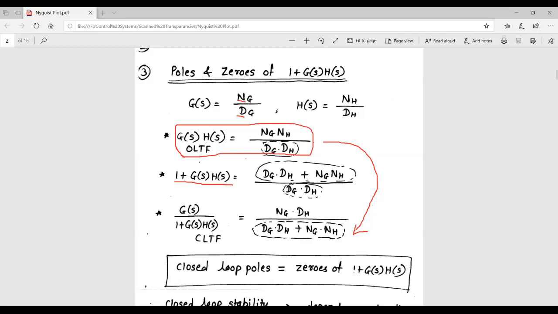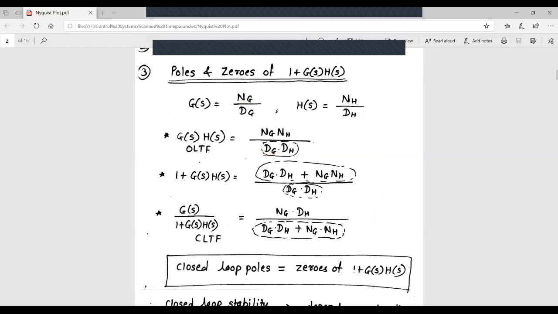So if you calculate 1 plus G of S H of S from G of S and H of S, we get DG DH plus NG NH upon DG into DH. Now, if you take a look at this, I have marked the similar terms here.